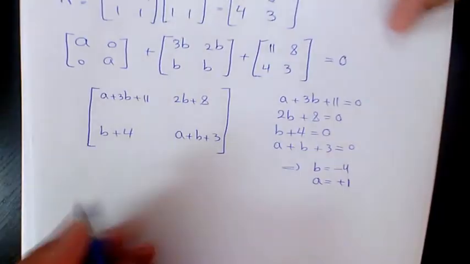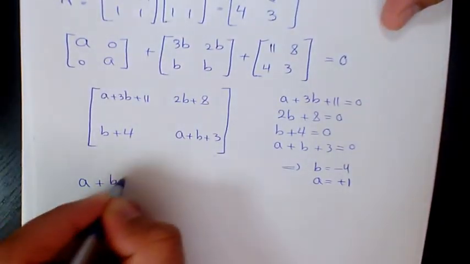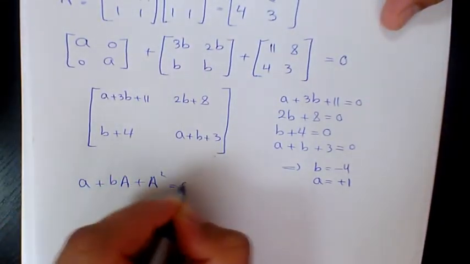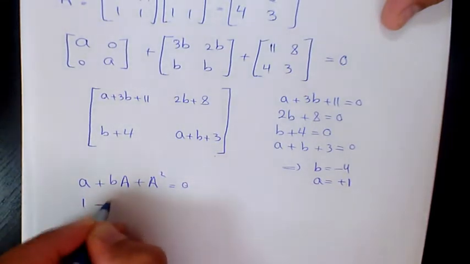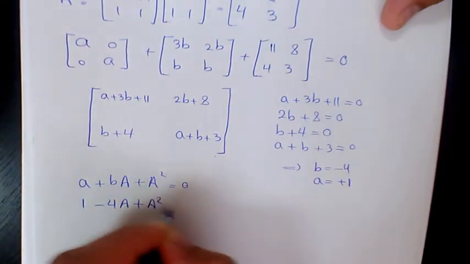So when we substitute it in the formula, when we have aI plus bA plus A squared, we can say I minus 4A plus A squared equals 0.